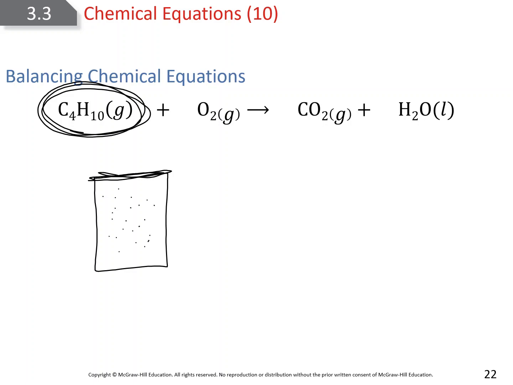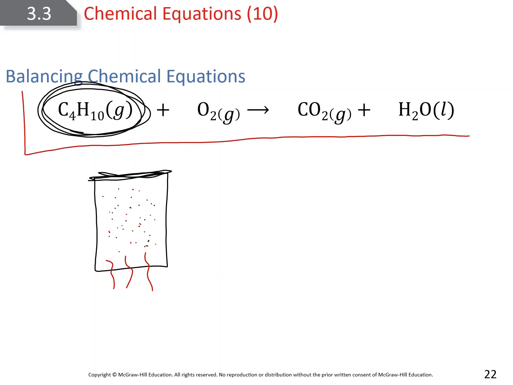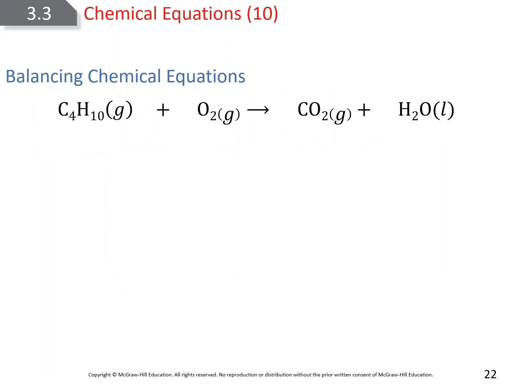As soon as I add oxygen gas with heat, all of these butanes are reacting. What we're showing with a chemical reaction is just one example of what one butane is doing. So because of conservation of mass, this chemical reaction is simply showing one example.